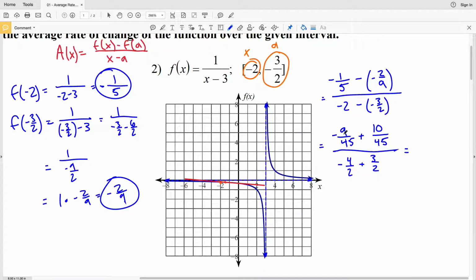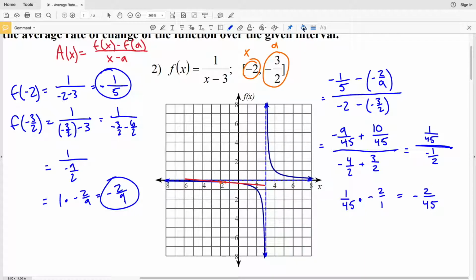So that's going to give me negative 9 plus 10 will be a positive 1. So 1/45 all over negative 4 plus 3 is going to be negative 1, and that's over 2. So we have 1/45 divided by negative 1/2. So we'll rewrite that as 1/45 times a negative 2 over 1, which will be equal to negative 2 over 45.